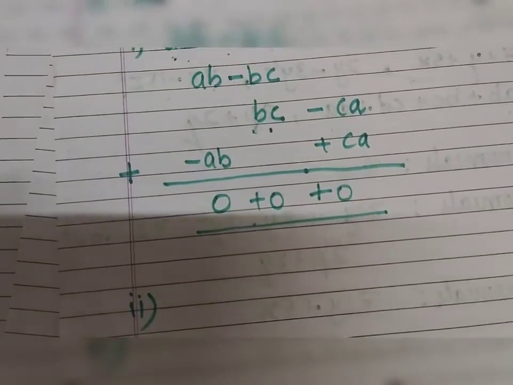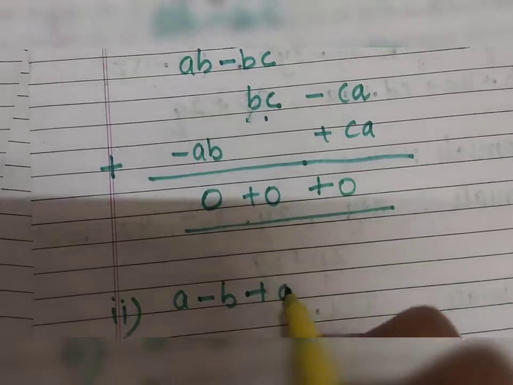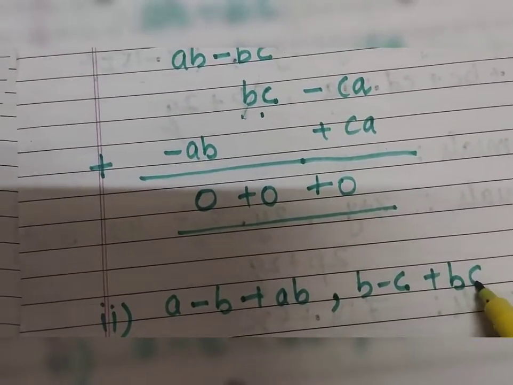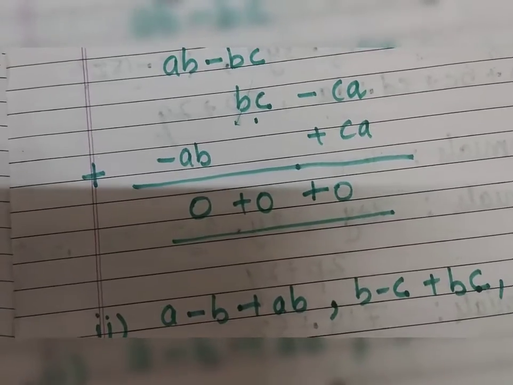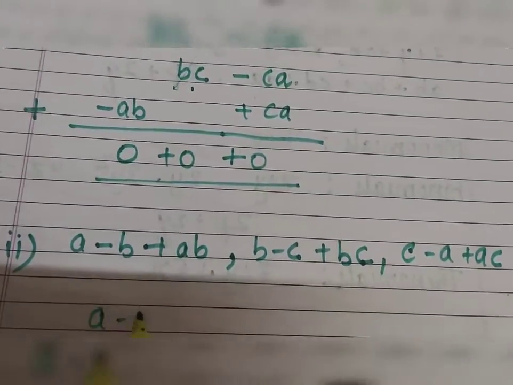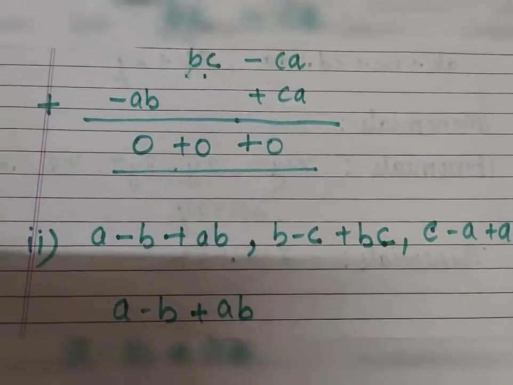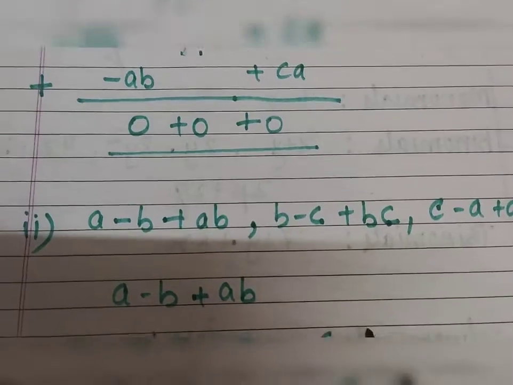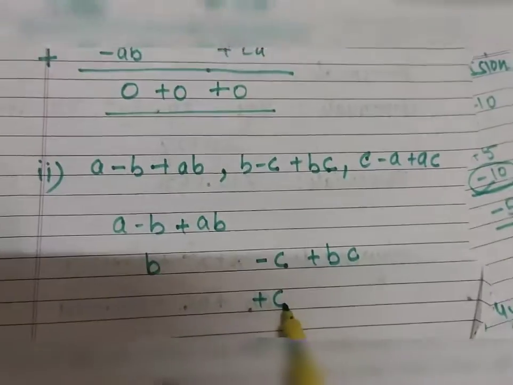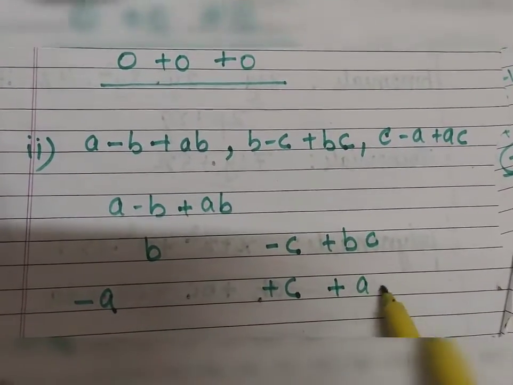Now take the second question: A minus B plus AB, B minus C plus BC, C minus A plus AC. So we will write in this form: plus of B minus of C plus of BC, plus of C minus of A and plus of AC.